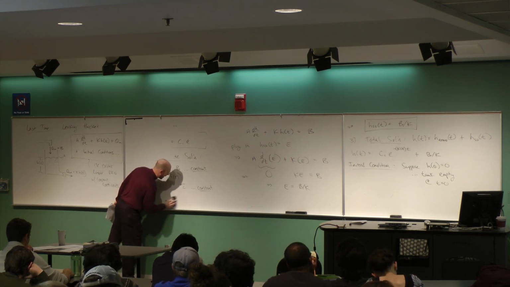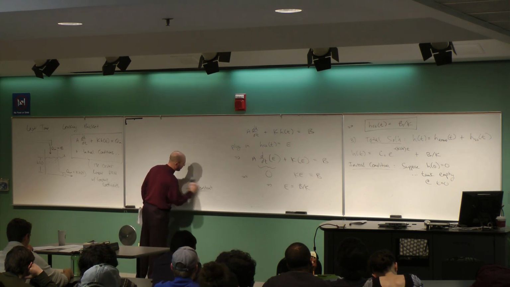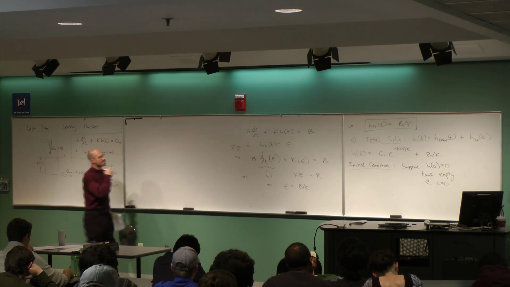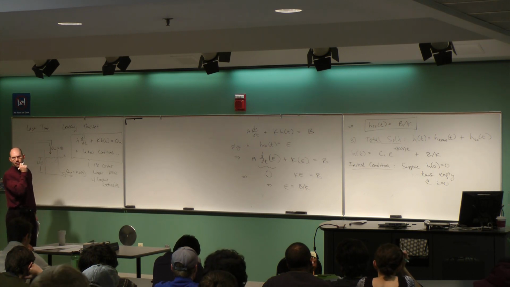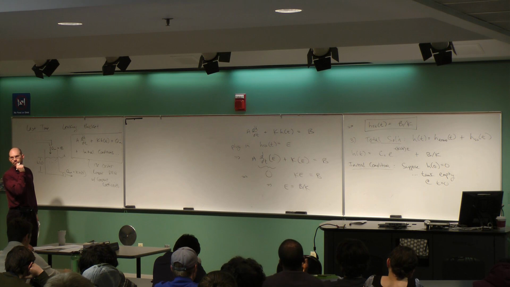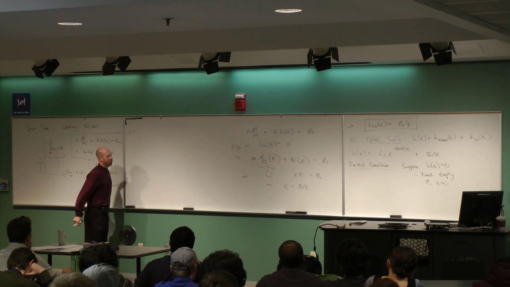So if the tank is empty at t equals 0, the question is, what would be the C1 that would make that true? How can I do that mathematically? What am I going to do with this?